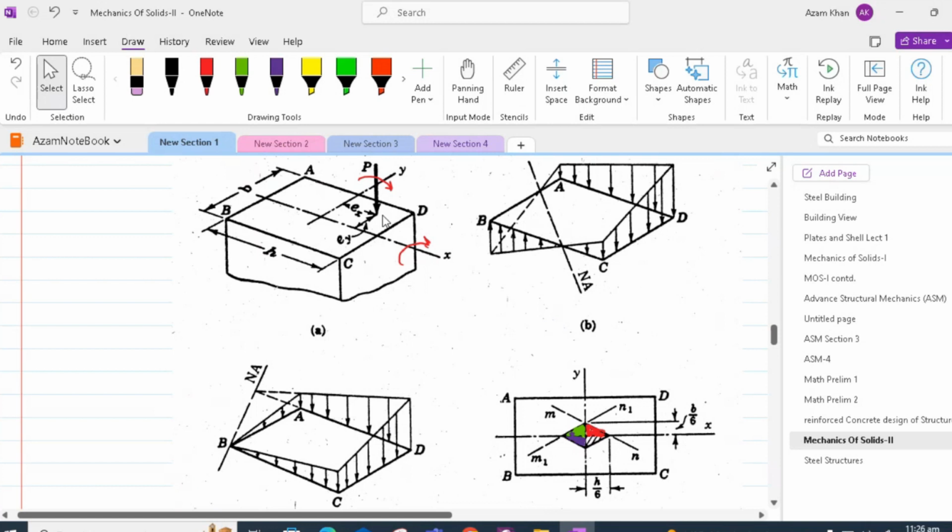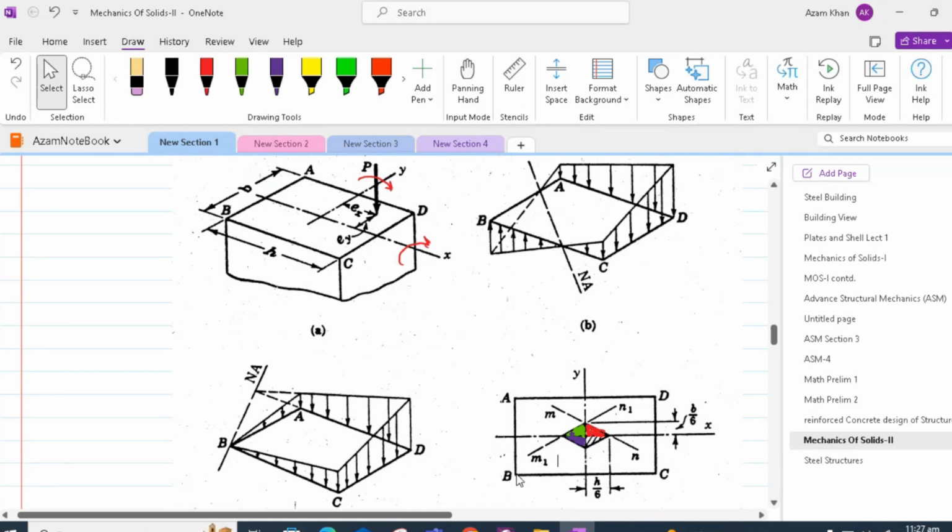In the case where the load P is applied in the first quadrant, moving outside the locus of the points shown in red would develop tensile stresses in the fourth quadrant. However, if the applied load stays inside this red region, then we would have the whole cross-section under compression.